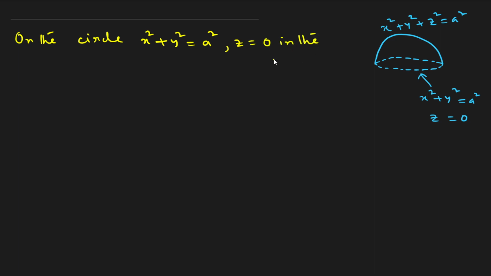This is for the xy plane. In the xy plane, see, this is a two-dimensional plane. So in this particular plane, z will become what? 0. So what is our left hand side in Stokes theorem?